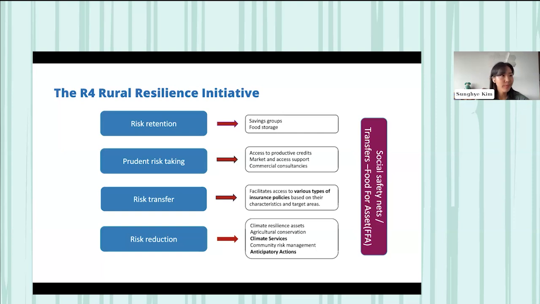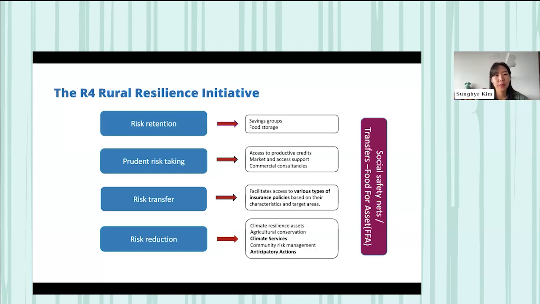To begin with, our risk reduction efforts involve various activities to support smallholder farmers. We help them adopt improved agricultural practices, such as soil conservation, water conservation, and climate-smart agriculture, and this provides them with climate information advisory services.